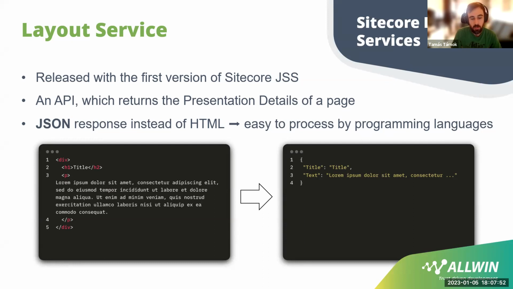So for programming languages, it's easier to process JSON than HTML, and it doesn't include any styling, for example, H1 or P tags. It's really just the data provided which we have in Sitecore.